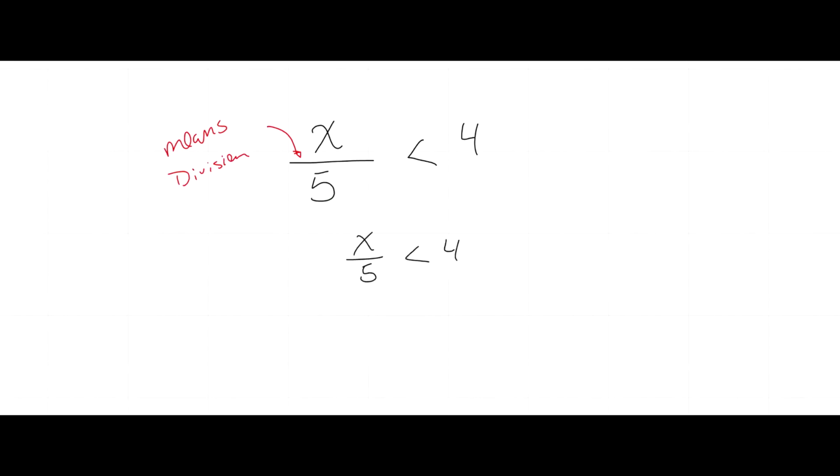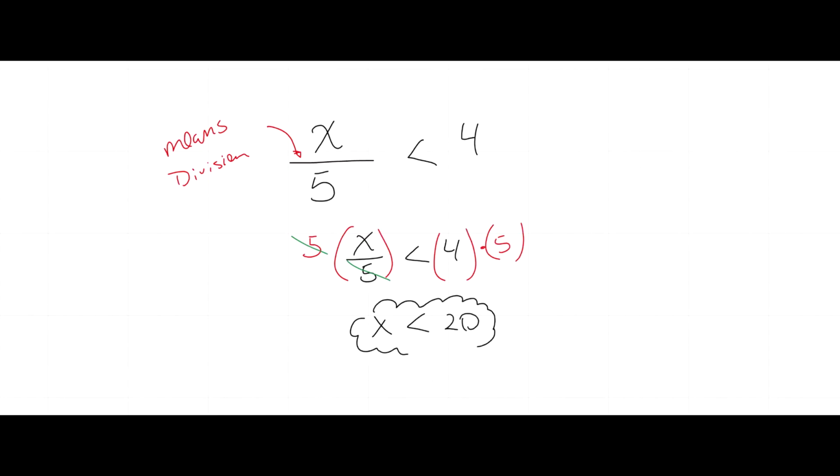So let's multiply this one and this one by the number 5. 5 divided by 5 is going to be canceled out. So therefore you have here x less than 20. This is the answer. Let's keep working.